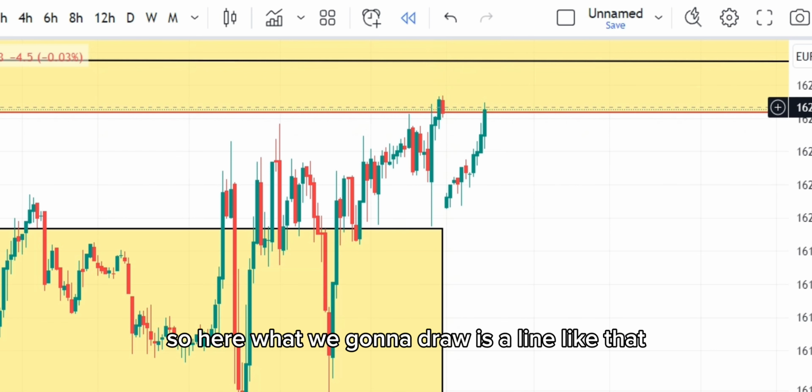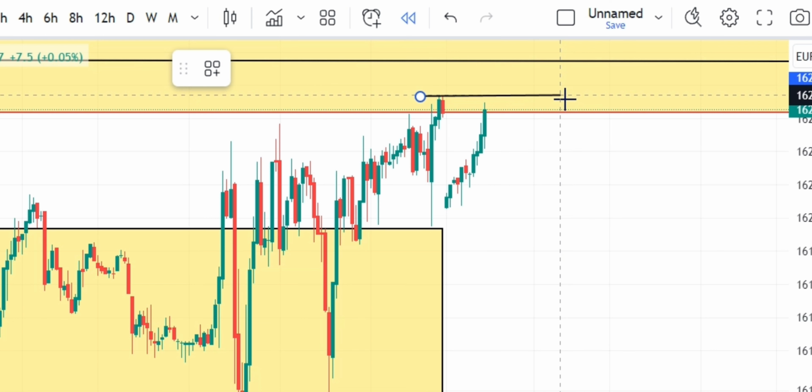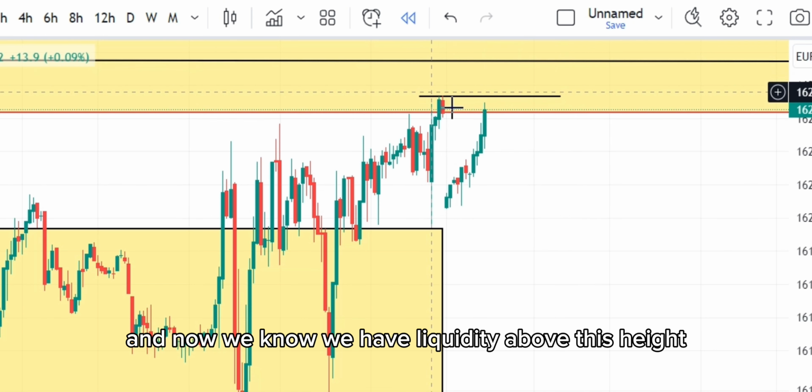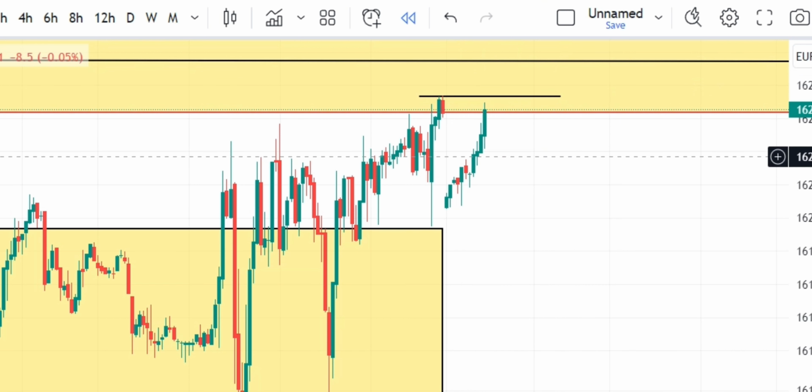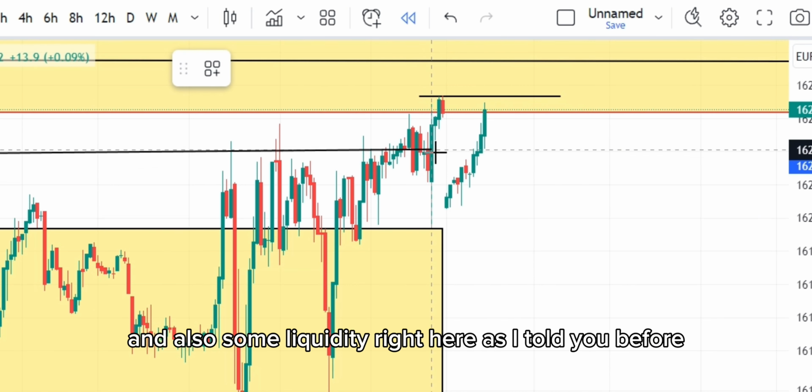So here what we're gonna draw is a line like that, and now we know we have liquidity above this high, and also some liquidity right here, as I told you before.